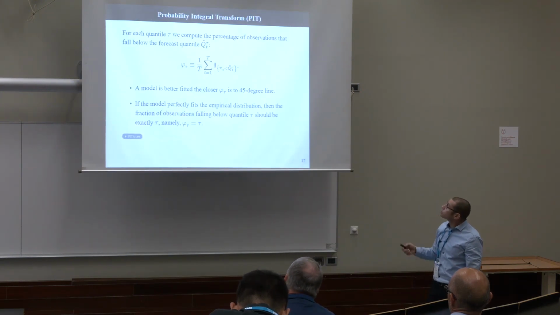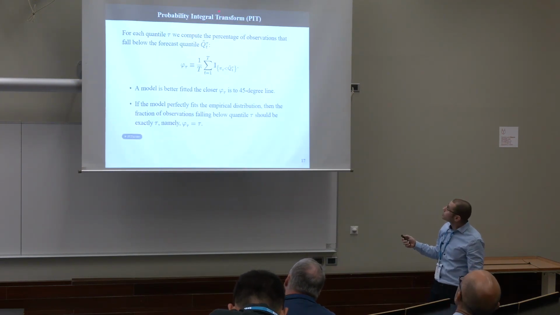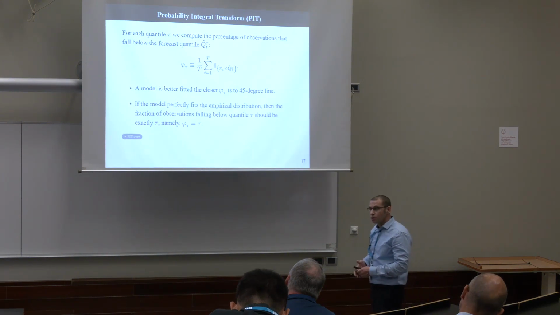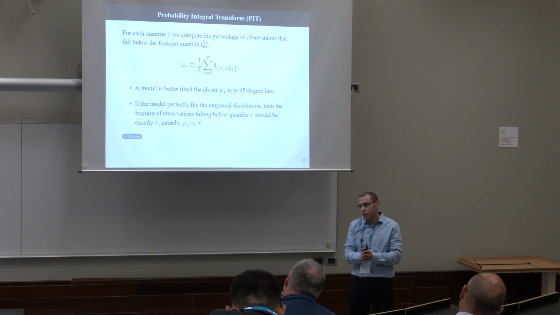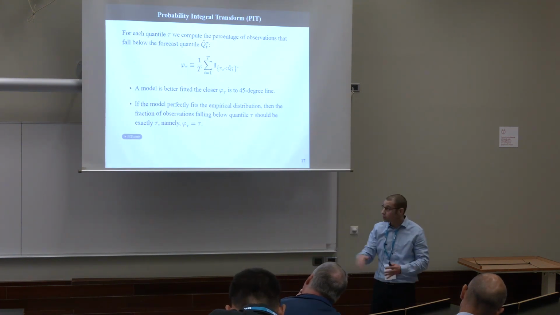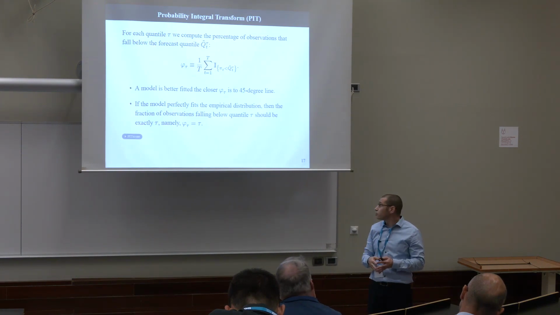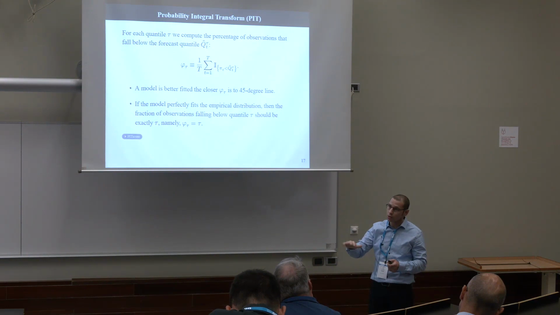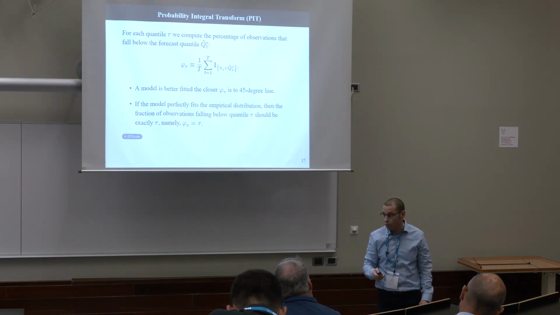The first evaluation score that we use is the probability integral transform, the PIT. Its rationale is a ranking one. So for example, if you forecast some low threshold, let's say the 5th quantile, that's a left tail, a very low threshold, for an accurate forecast, we would expect the actual values to be below this threshold about 5% of the time.